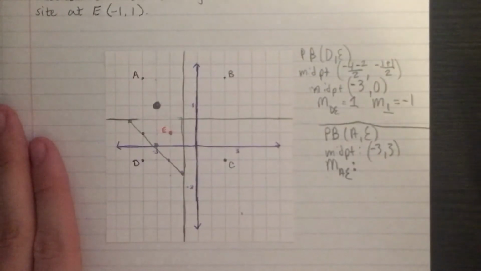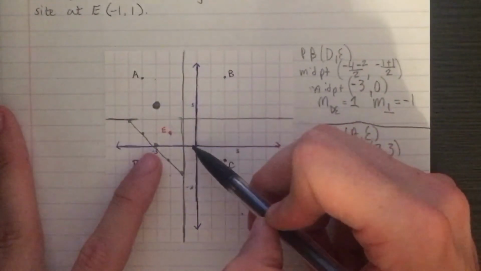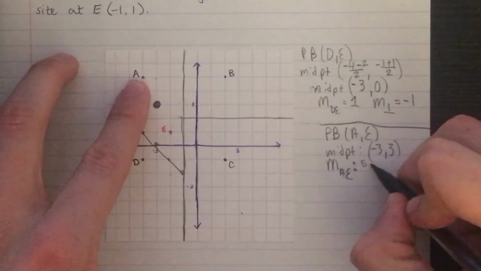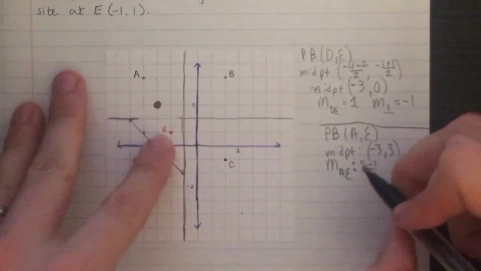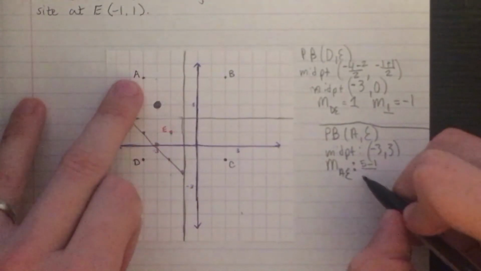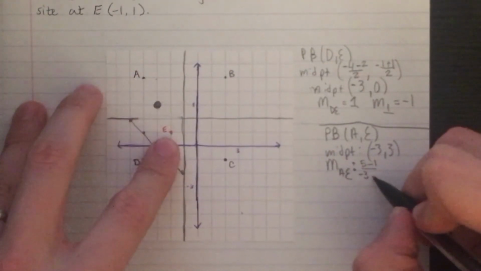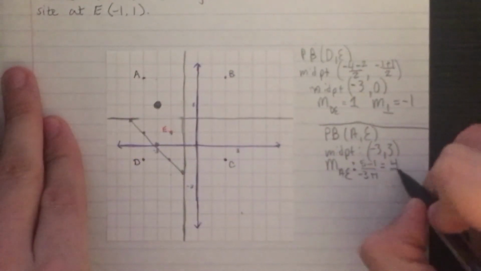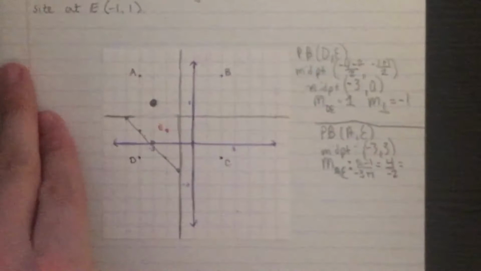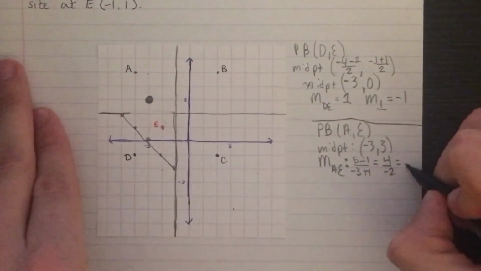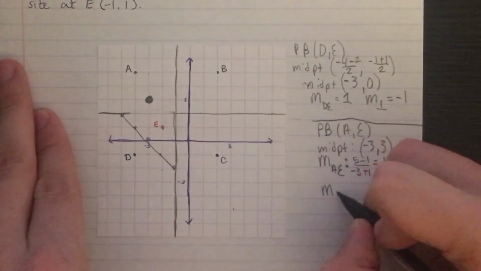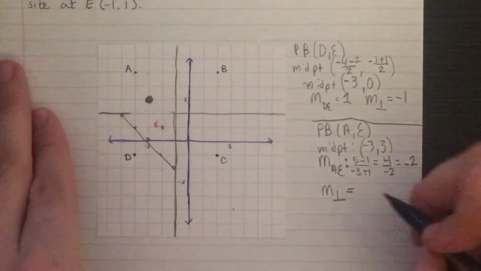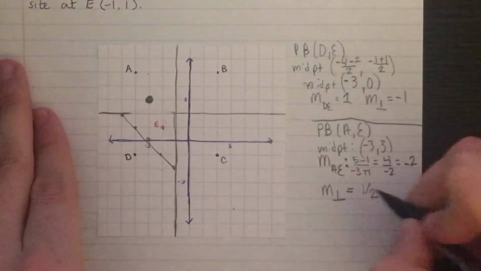The y coordinates, if we subtract those, give 5 minus 1. And the x coordinates give -3 plus 1. So we get 4 over -2, which is the same as -2. So for AE, the perpendicular slope is going to be 1/2, the opposite reciprocal.